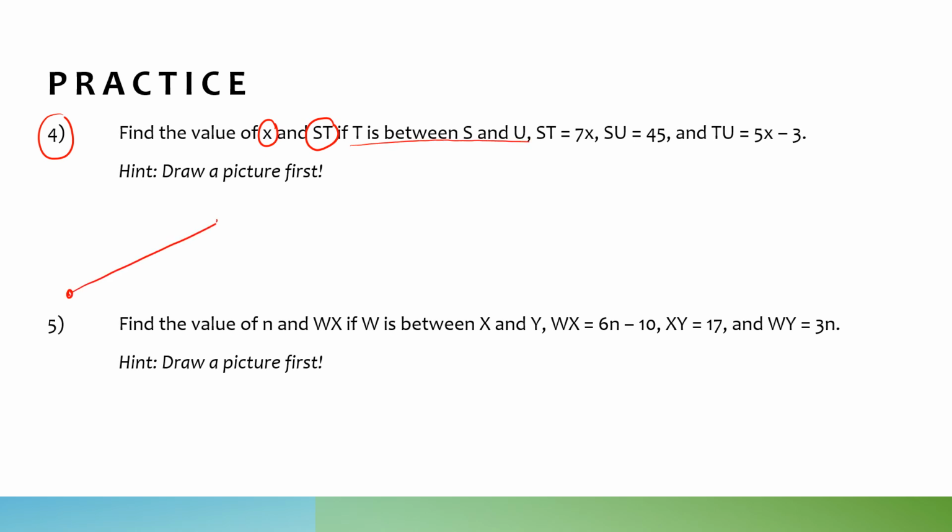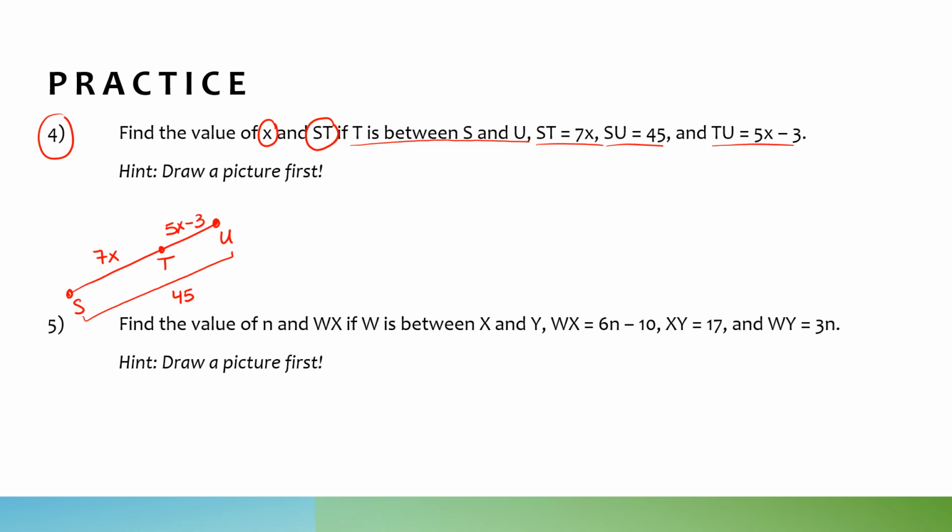I'm just going to draw a segment with S and U as the endpoints and T just anywhere in between. Now we're also told that ST is equal to 7x. SU, that's the whole segment, is equal to 45. Okay, and TU is equal to 5x minus 3.